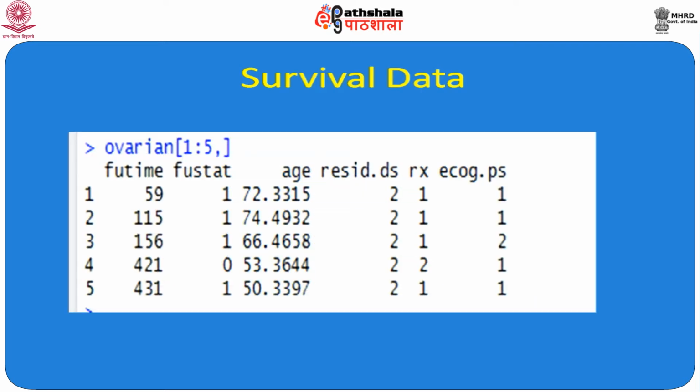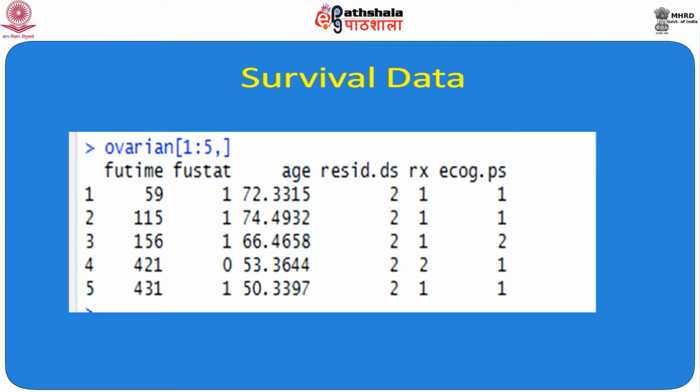This is the R output. FU time for the first individual is 59, the second individual 115 days, the third individual 156 days, the fourth individual 421 days, and the fifth individual 431 days, and their status is given as 1 and 0. If they are censored it is given as 1, if not censored it is given as 0.